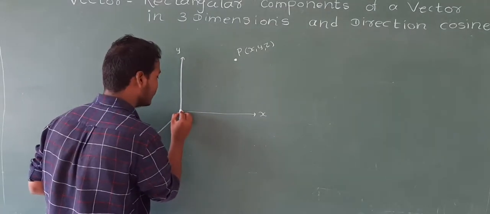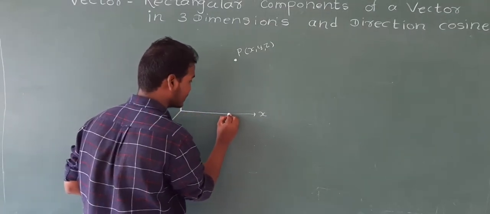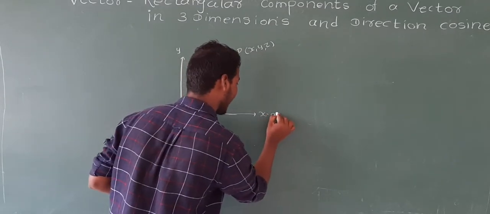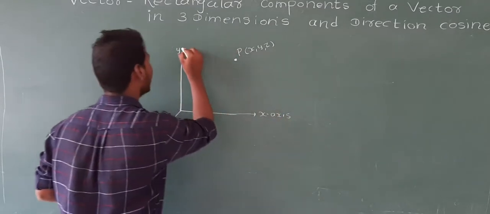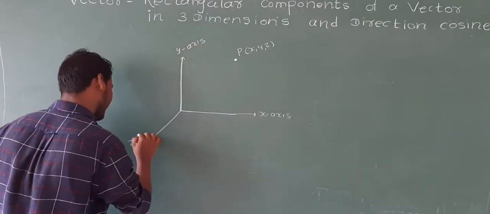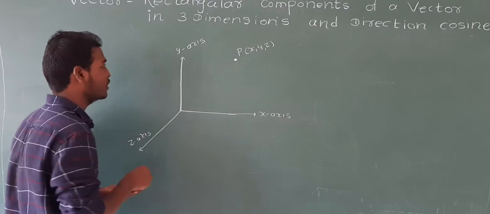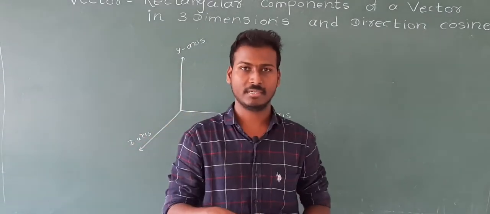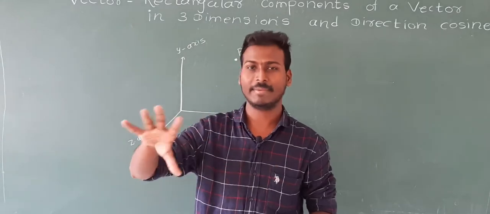It has covered a distance of x on the x axis. This is the x axis, and similarly this is the y axis and the z axis. So at point P, let's say there is an object showing displacement in 3 dimensions.